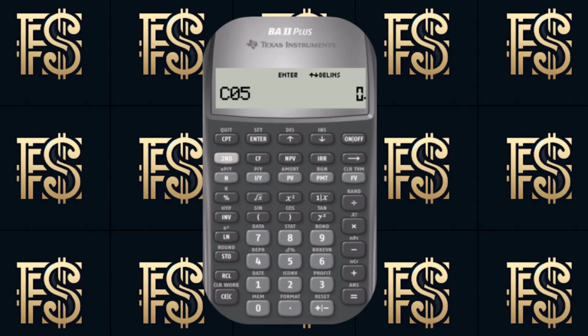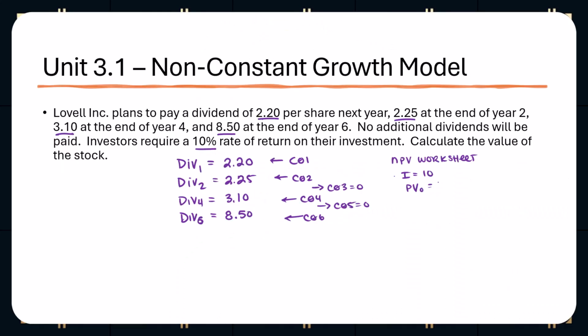Same thing with C05, we're just going to hit enter and set it equal to 0. Last but not least, we'll enter in that $8.50 for C06. Go over to our NPV worksheet, type 10 and enter, arrow down and compute, and we find that this investment would be worth $10.78.